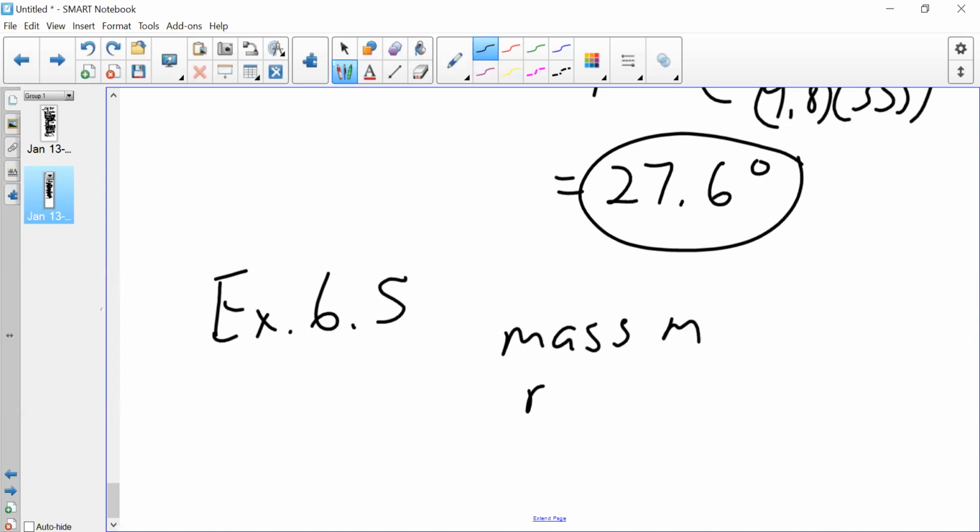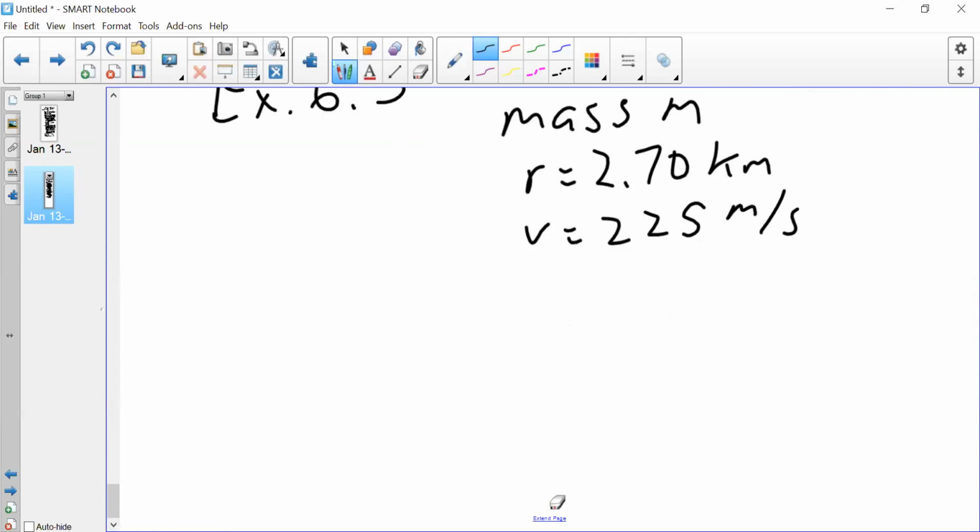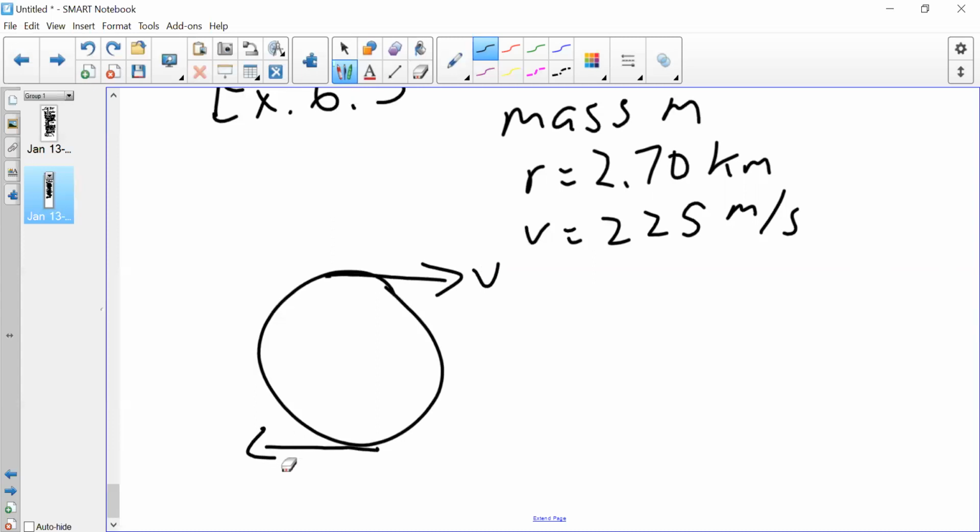But mass M, radius 2.7 kilometers. Okay, so the guy's going like this, constant speed around, magnitude is constant, radius R. Determine the force at the bottom, free body diagrams.